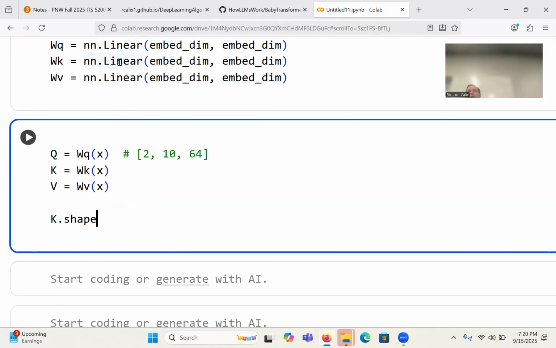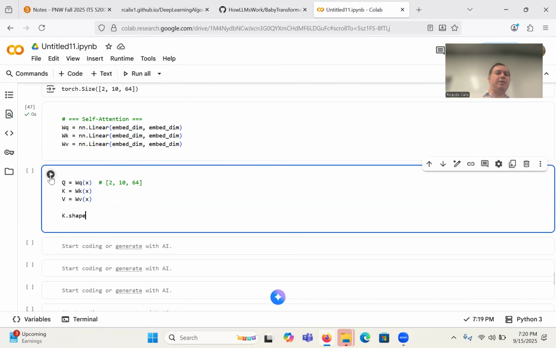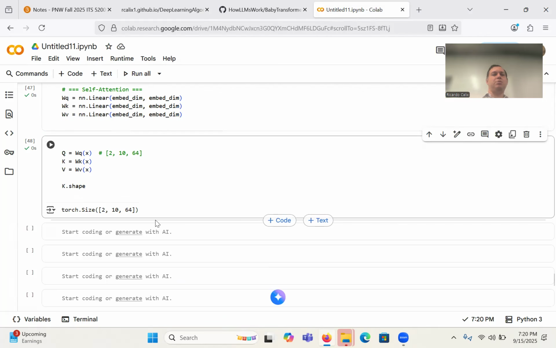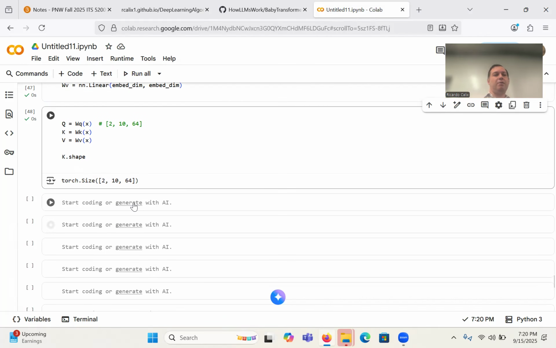This is a pretty important concept. No questions on this one? All right. So now I have QKV. I'm just printing K to see the shape. You can see it's 2 by 10 by 64. Okay. Now, what comes next? The actual attention score, right? That matrix should be of what size?